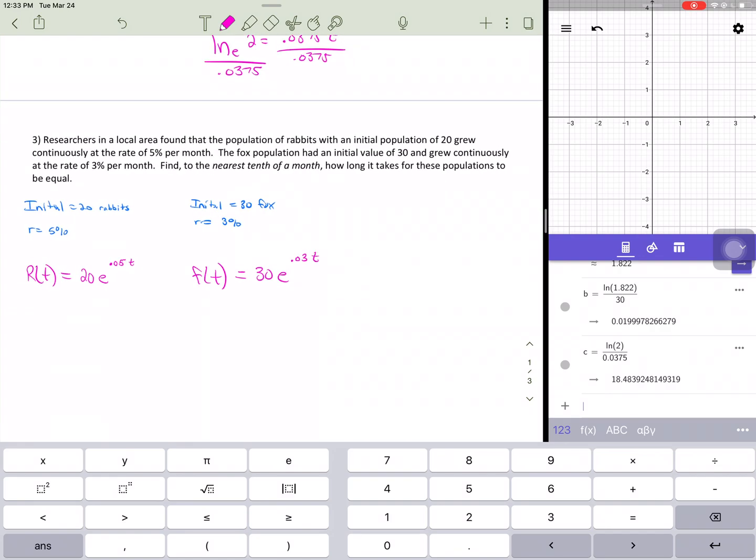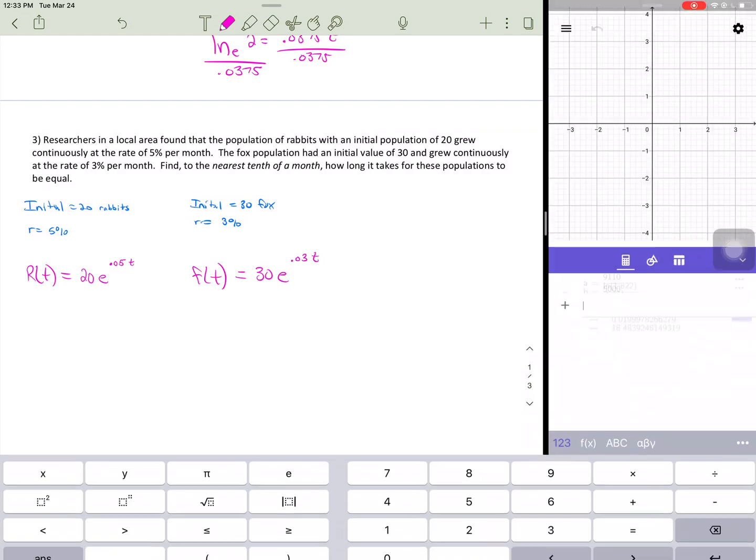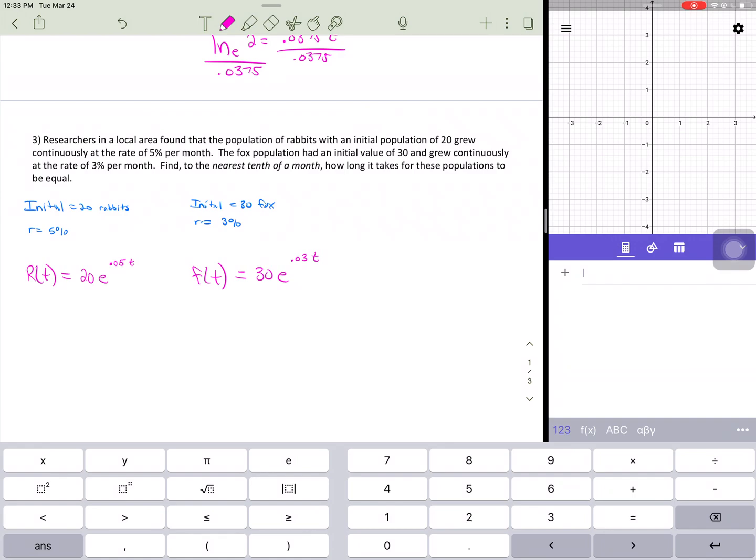And it says find to the nearest tenth of a month how long it will take for the populations to be equal. So really the easiest way to do this is to just graph both of them. Let's graph both and see where their point of intersection is. So we get y equals 20 e raised to the 0.05x, and then we get 30 e raised to the 0.03x.